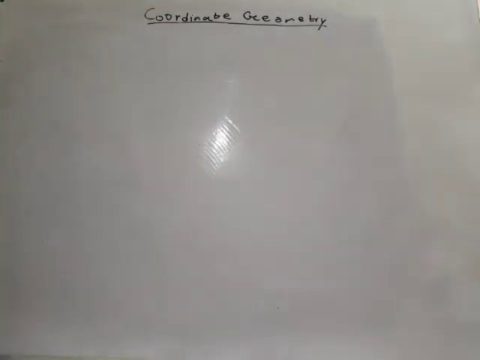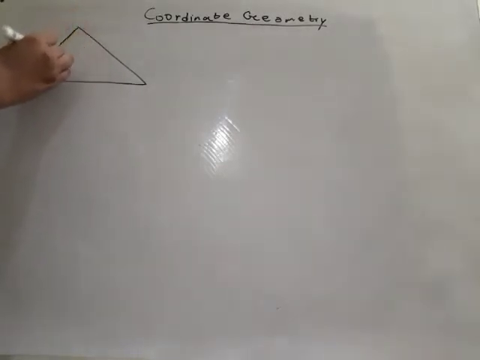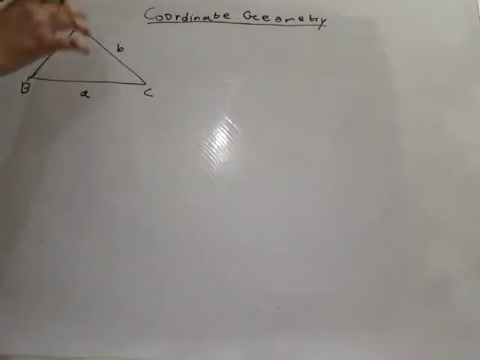Moving on, we have coordinates of different centers of a triangle. Now let there be a triangle A, B, C. Let length of side BC be small a, length of side AC be small b, and length of side AB be small c.